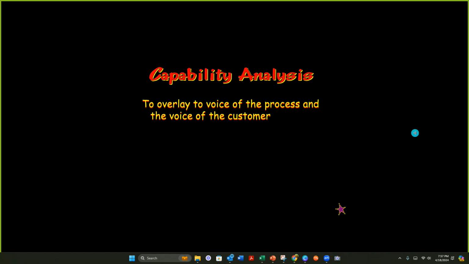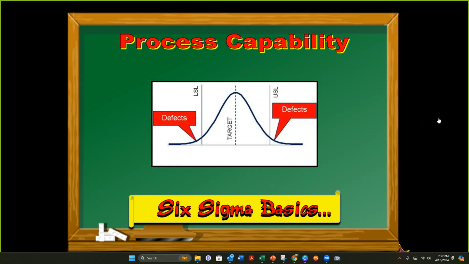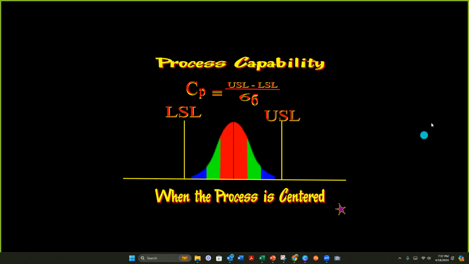Now, a few things I want you to remember. Capability analysis is to overlay the voice of the process and the voice of the customer. It lets us know where our data is clustered and where we could potentially not be a centered process. And so when we have a centered process, we're going to use process capability, CP.